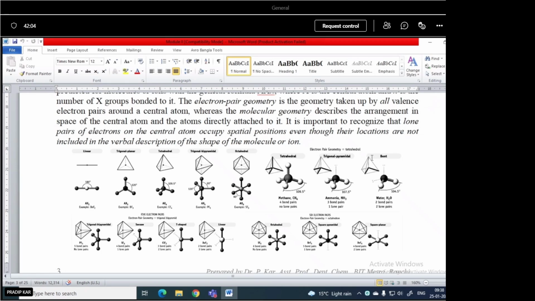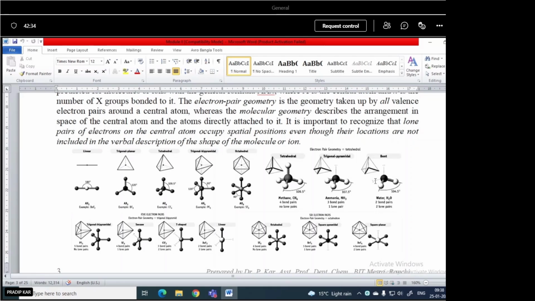Here in case of ammonia, you can see only 1 lone pair repulsion, so the bond pair angle reduction is less. From 109 degrees, it is only a 2 degree reduction. Whereas in case of water, 2 lone pair repulsion further reduces the bond pair angle to 104.